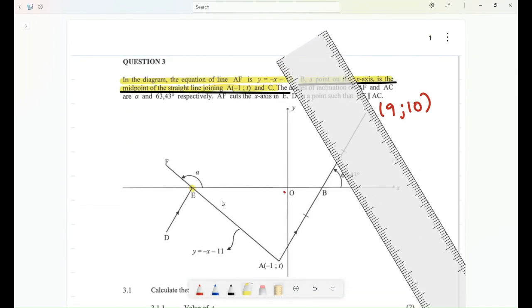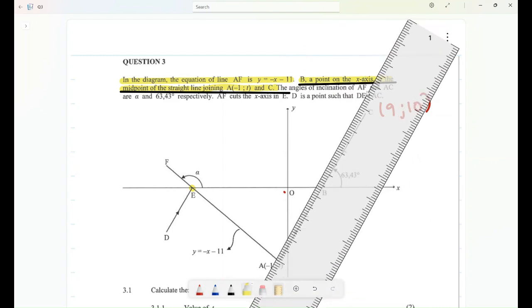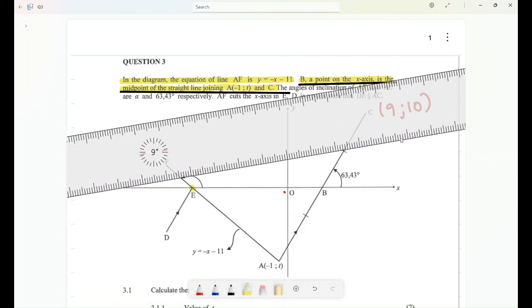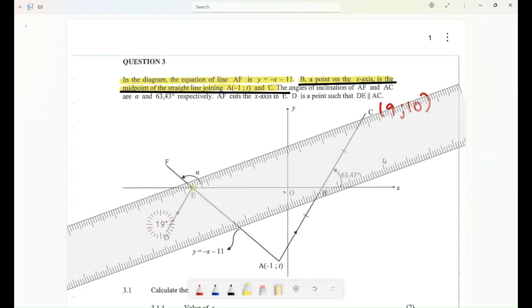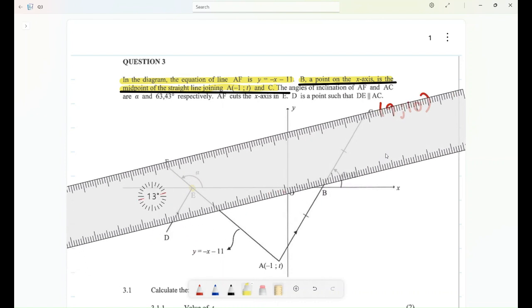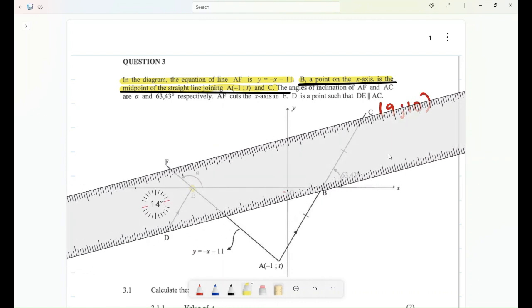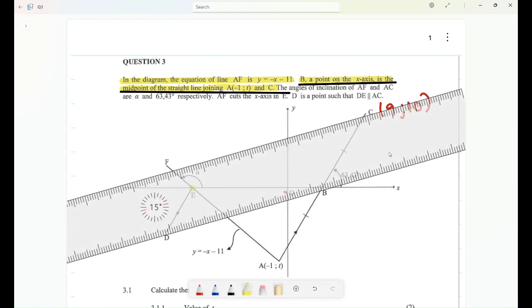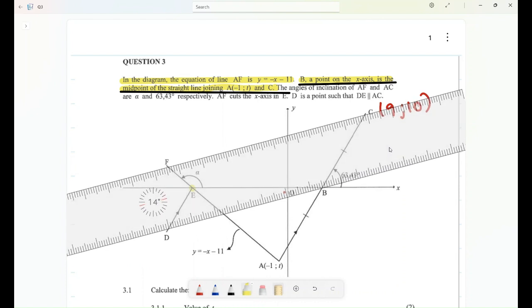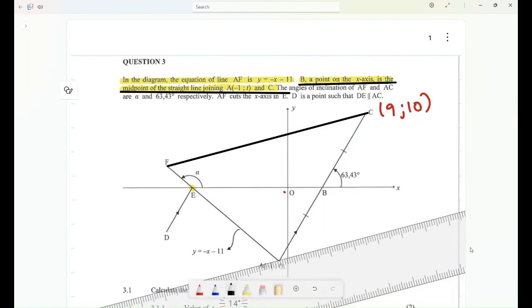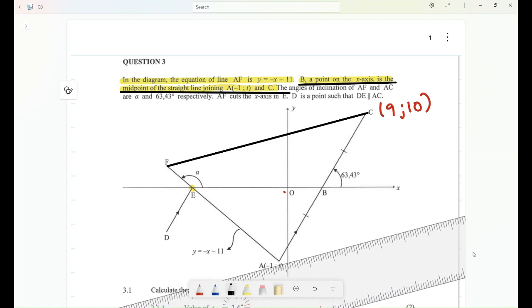Okay, let me quickly grab my... I want to join F to C. Okay, I think 14 degrees will do it. Okay, now if that's 14, let me try 14 also in here and see what it will give me.